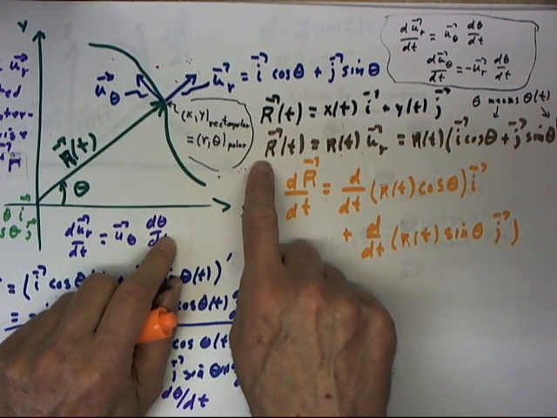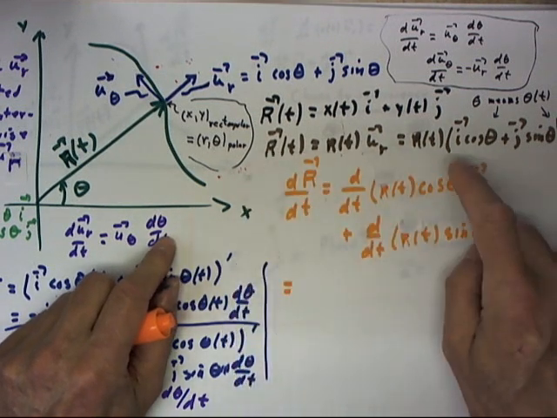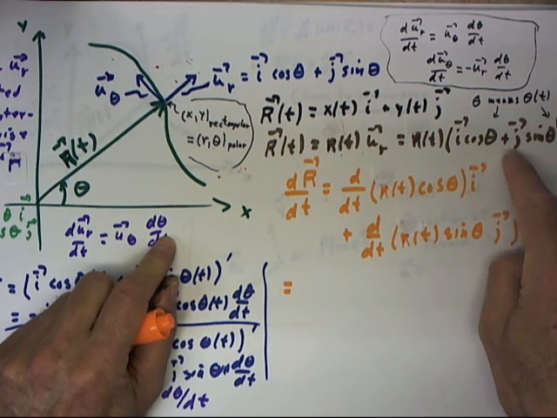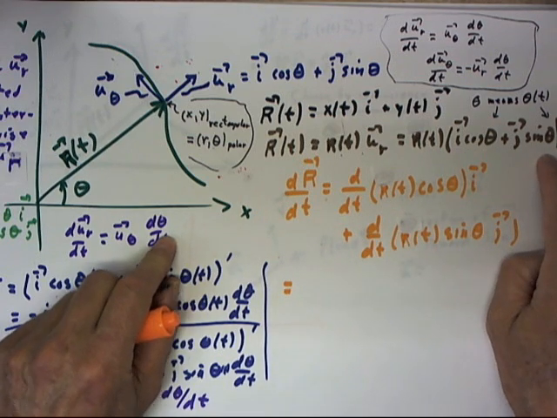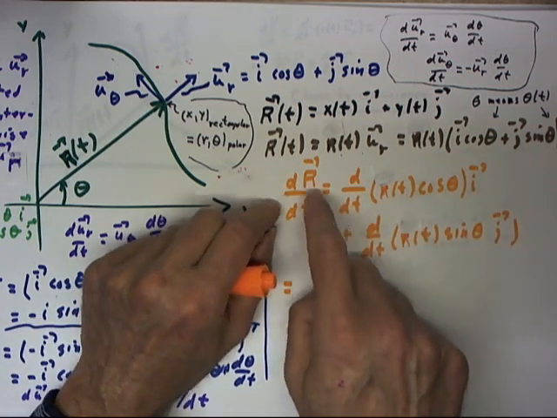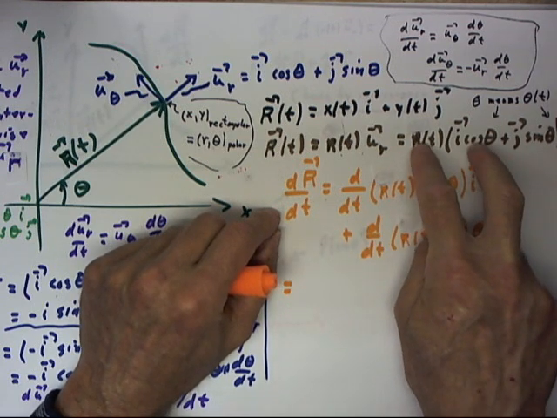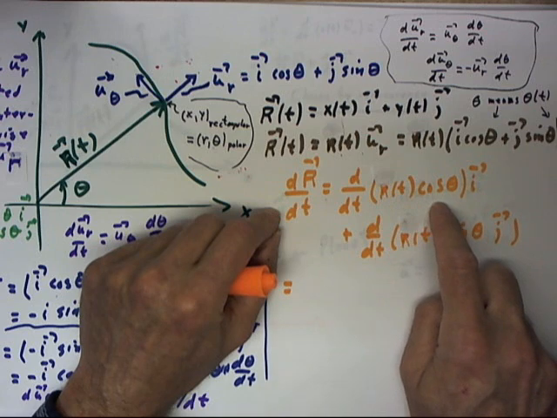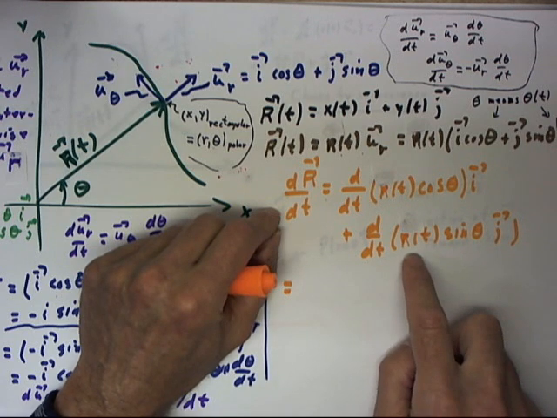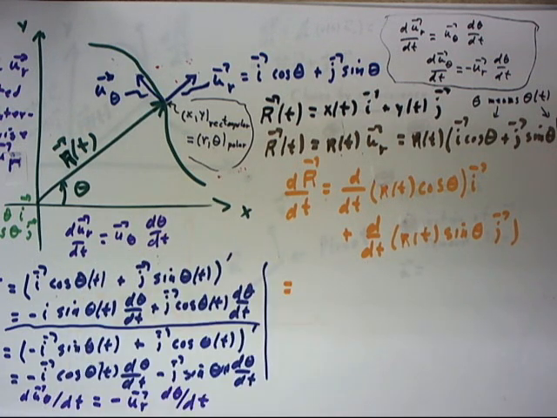Now, since vector r of t is scalar r of t times cosine theta i plus sine theta j, then our dr dt is just the derivative with respect to t of the i component, which is r of t cosine theta, plus the j component, which is r of t sine theta.